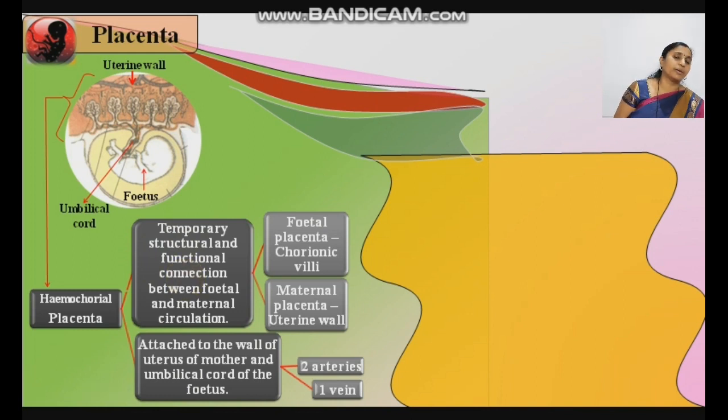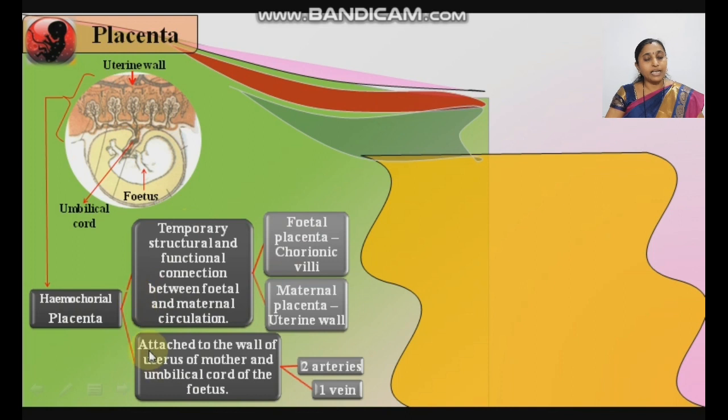Because after the birth of the baby, this placenta gets expelled outside the uterus of the mother. Although it is temporary, it is most important during pregnancy because it provides nutrition and oxygen supply to the baby. It is a temporary structural and functional connection between the fetal and the maternal circulation. Through this placenta, circulation takes place.